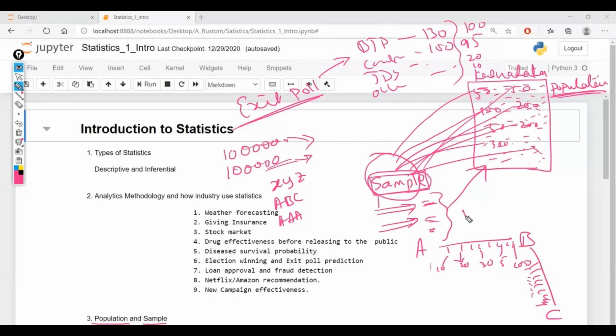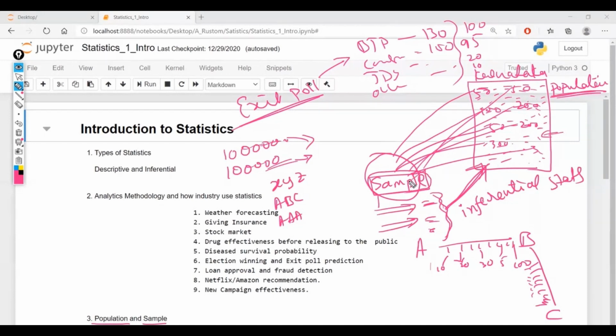So this is something we call inferential statistics. I'm inferencing. I'm referring this sample result to this entire population. It is simply because I am unable to reach all the population, unable to read all the population's mind, or to take opinion from all the people in any particular state.